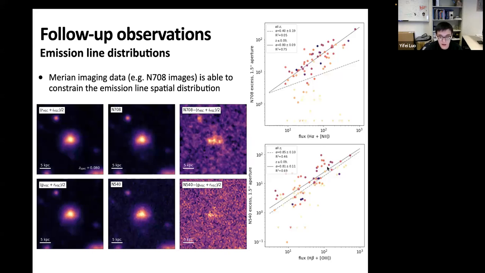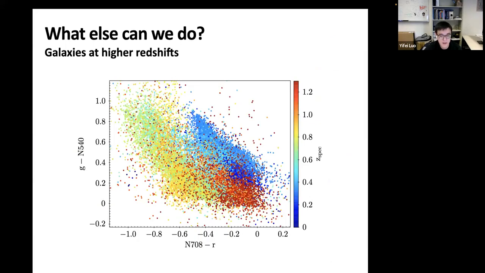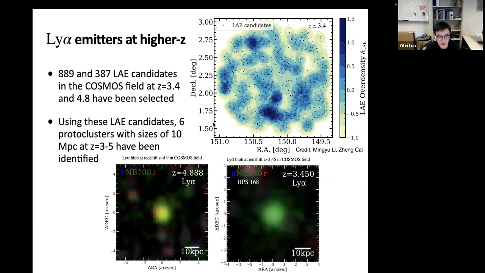Okay, other science. For Merian, we can also measure much higher redshifts. Whenever an emission line shifts into our Merian filters, we can see the flux excess. It turns out our Merian filters can also probe Lyman alpha emitters at redshift 3.4 and redshift 1.8.